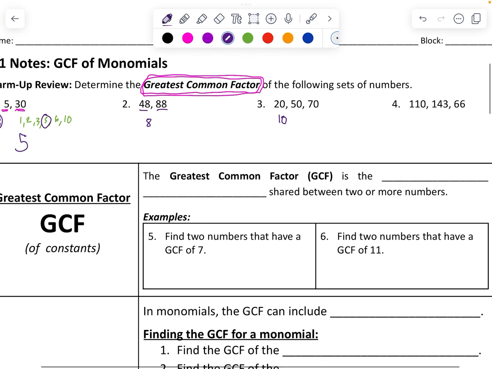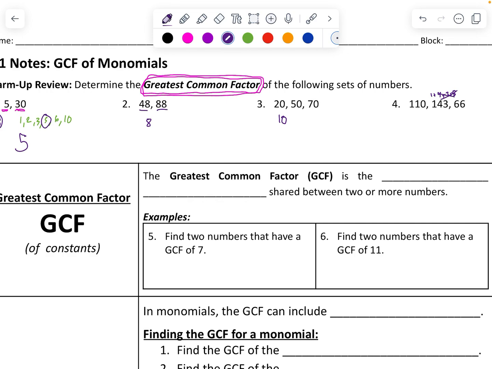Last one's definitely a tricky one. I looked at these numbers for quite a while, and I was trying to remind myself what the 3's trick is. I know 66 is divisible by 3, but are these other numbers divisible by 3? If you don't remember the 3's trick, it's if you add up the digits, like 1 plus 4 plus 3, that's 4, 5, 6, 7, 8. Is 8 divisible by 3? No, it's not. So 143 is not divisible by 3.